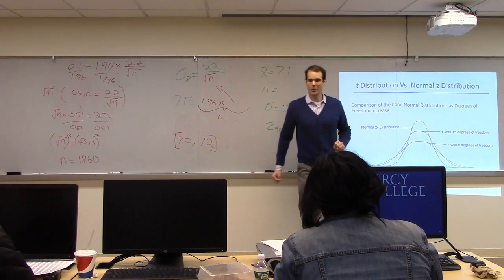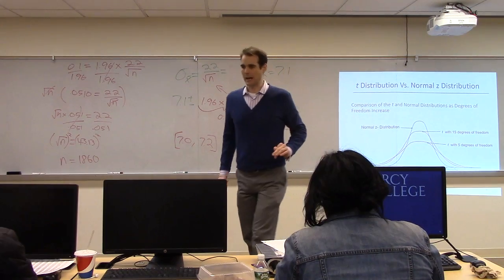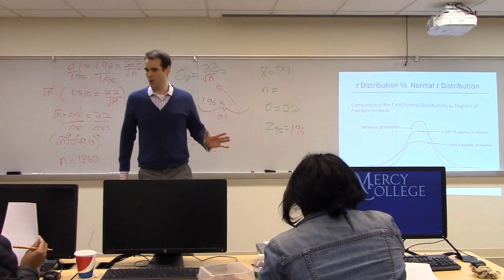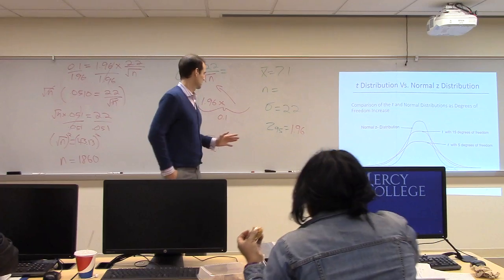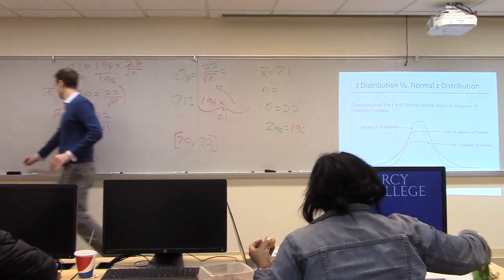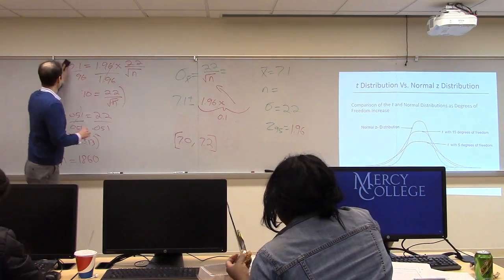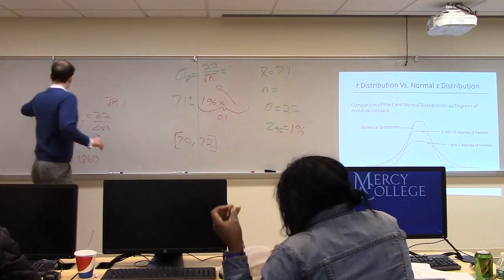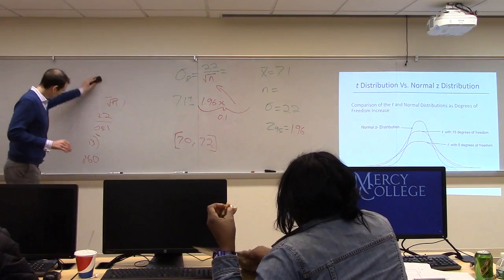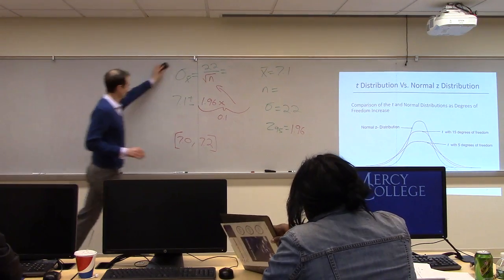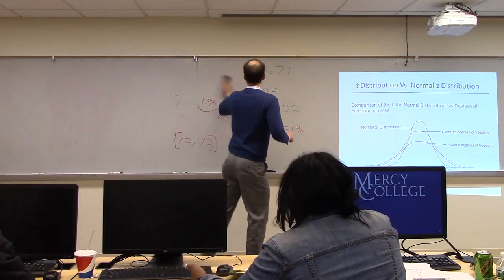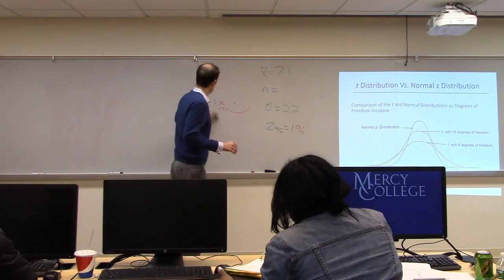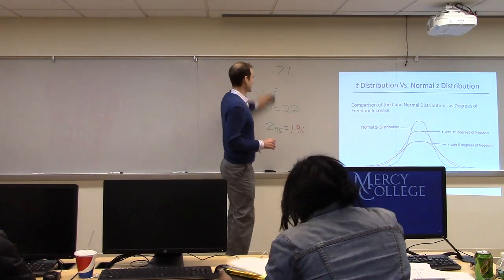So let's actually turn to the t-table right now and think about how we read that. There's one in the back of your textbook. I think it's a couple pages past the Z table. It can actually be easier to read, I think.